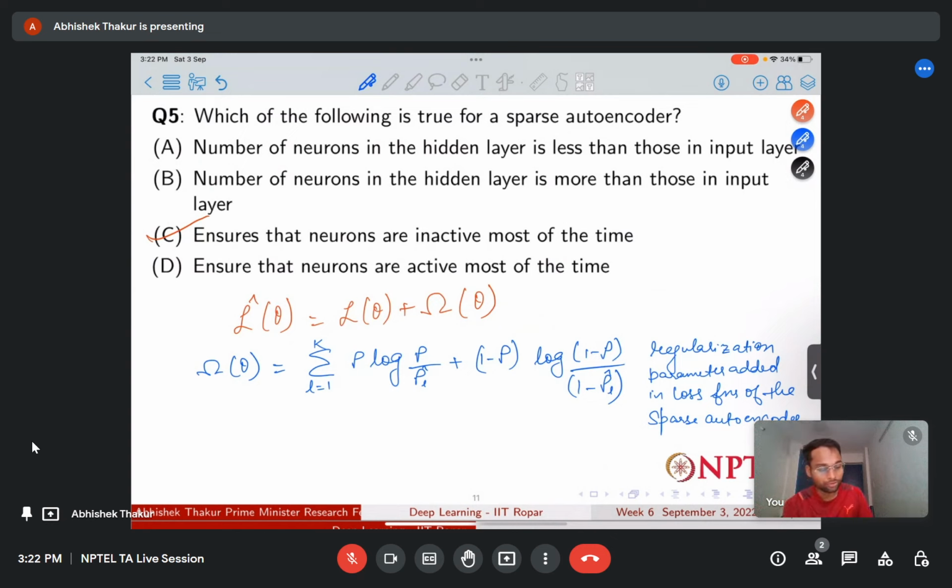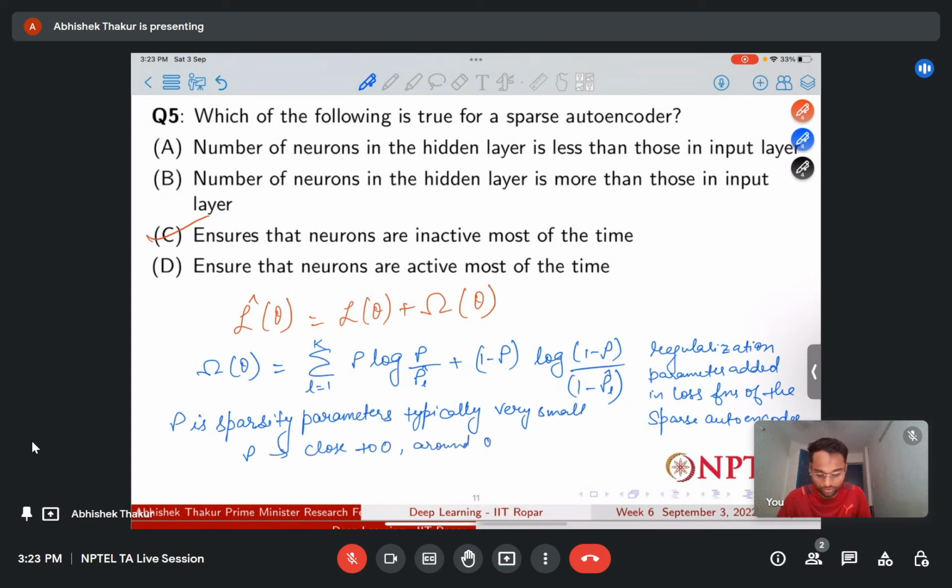And we also know that sparse autoencoders use a sparsity parameter rho. Rho is the sparsity parameter that is typically very small, close to zero, around let's suppose 0.005.